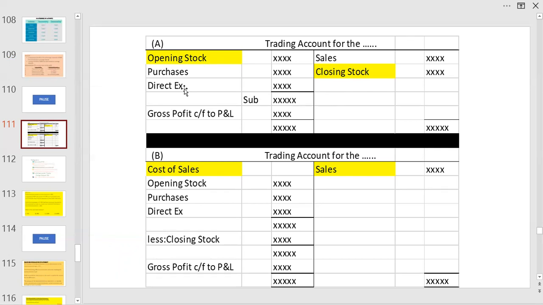So carriage inward means bringing the stock into the stores. Carriage outward means after selling, sending it out. It can be for various other reasons, various other transports. So having said this, now you know that the correct place for a direct expenditure is a trading account.